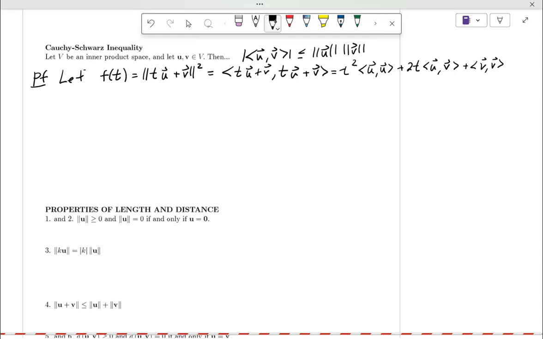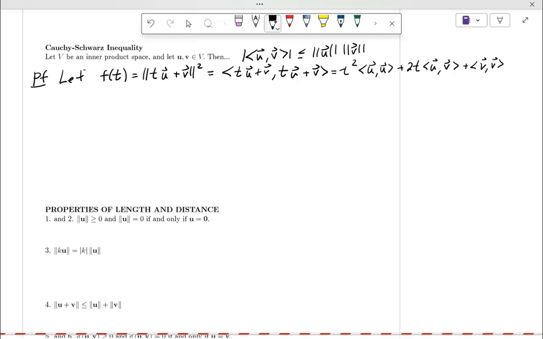That's number one. Number two, what can this expression never be? It can be zero, but what can it never be? Negative, right? It can never be a negative value. Okay? So you have a quadratic that's never negative.